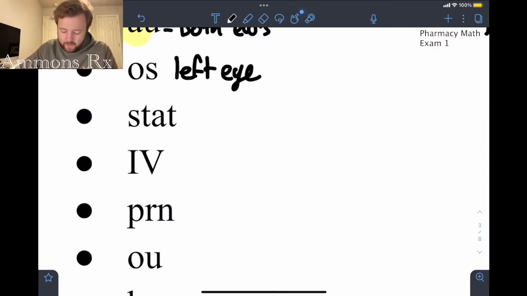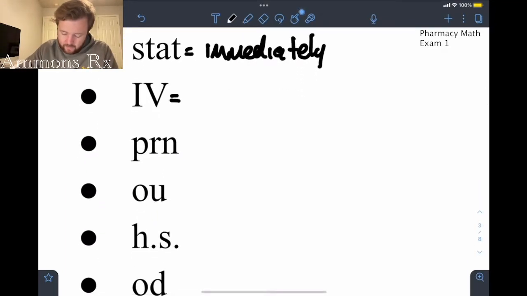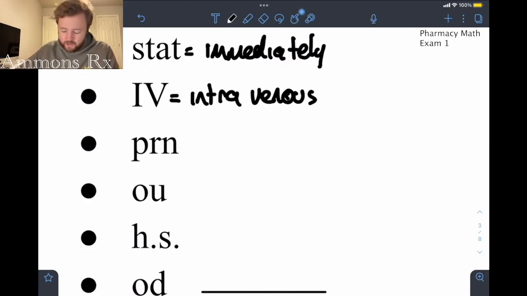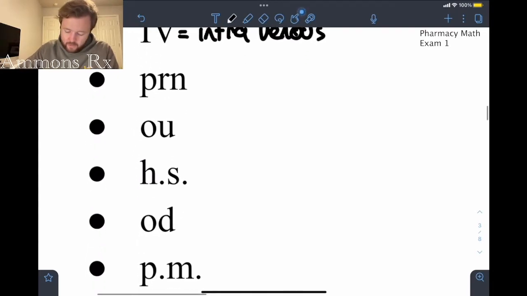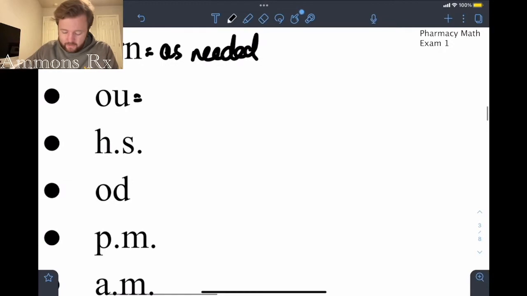Stat is like immediately. IV, intravenous, so in the veins, like an injectable. PRN means as needed. If you're a PRN employee, it means you work as needed.